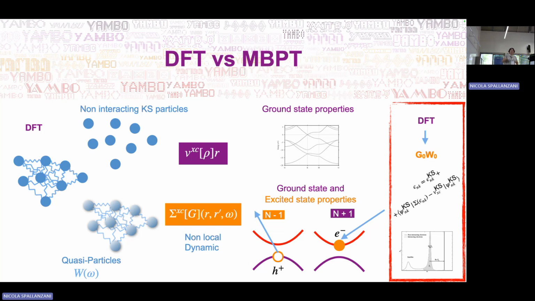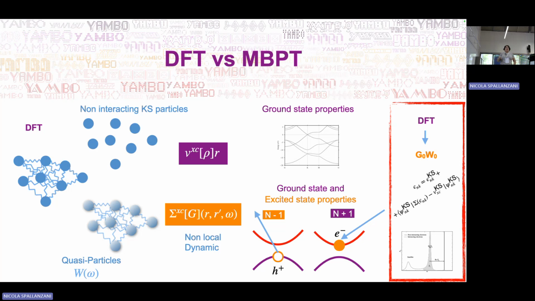These particles interact. In DFT, we map these particles into a non-interacting system, and we put all the interactions in this exchange and correlation potential, that is local and does not depend on the frequency. Then we get ground state properties of the system, like a DFT band structure that does not correspond to what we, for instance, measure in a photoemission experiment.